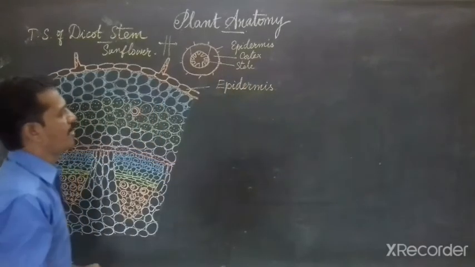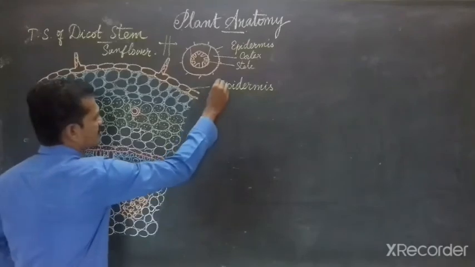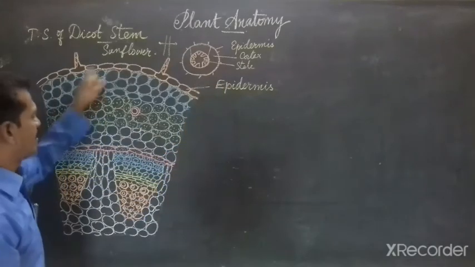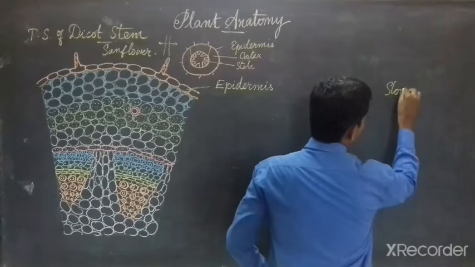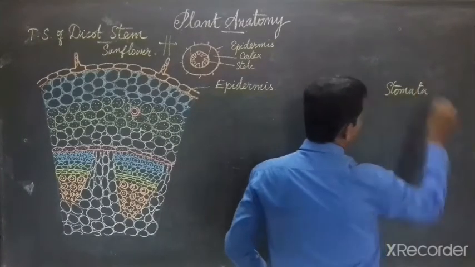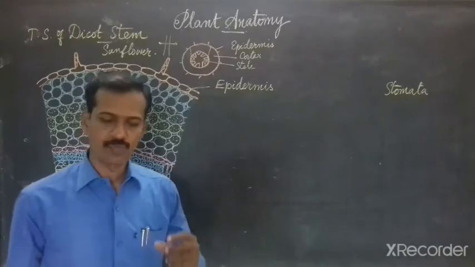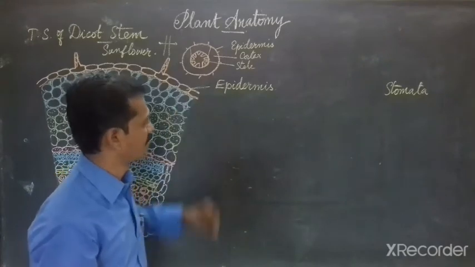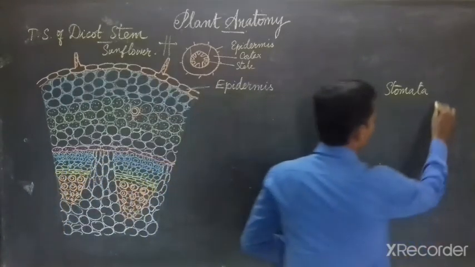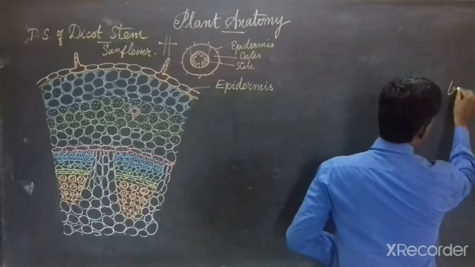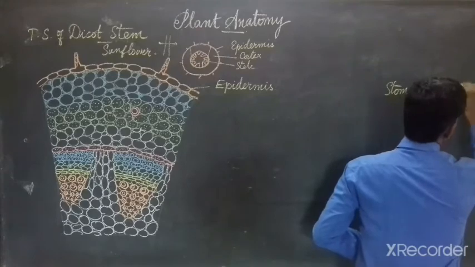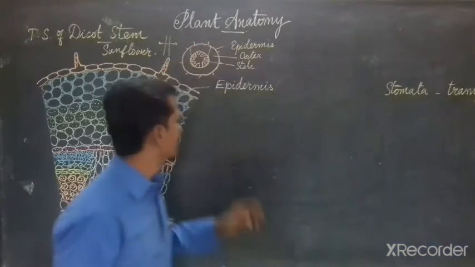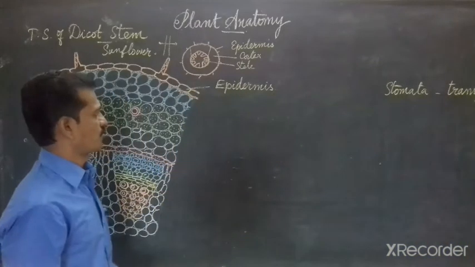It is made up of parenchyma cells which are interrupted by stomata. Stomata are the small openings found on the epidermis which are involved in transpiration. So the continuation is interrupted by stomata.